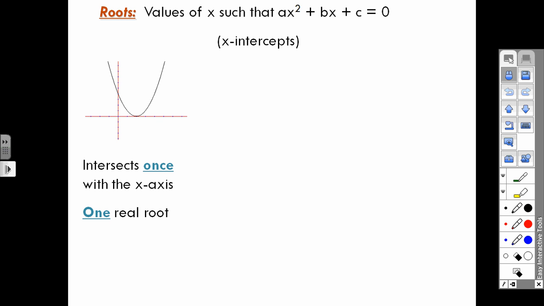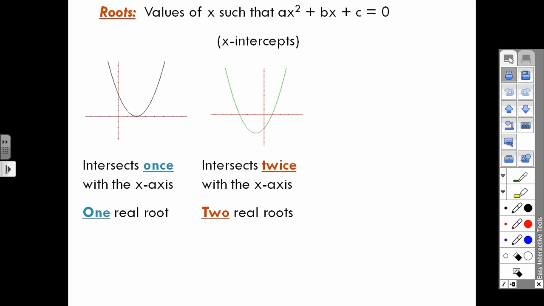If you think about where your parabola could fall on the Cartesian coordinate plane, if it actually is tangent to the x-axis, it only intersects the axis once, and therefore is going to have one real root. The next option is if we've moved our parabola slightly away from the x-axis, below it, then you actually get two x-intercepts, which means that you'll have two real roots.